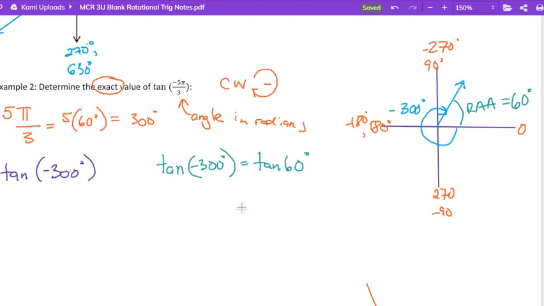Bonus points for someone who can do this without even looking at the triangle. Oh, tan is opposite over adjacent. This is hard. No, because the related acute angle is always going to be positive. Square root of 3 over 3? Square root of 3. Is it really?